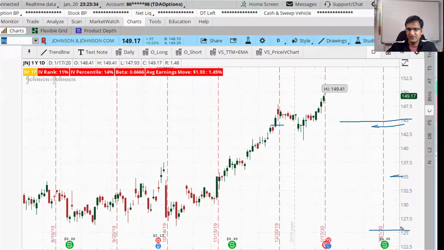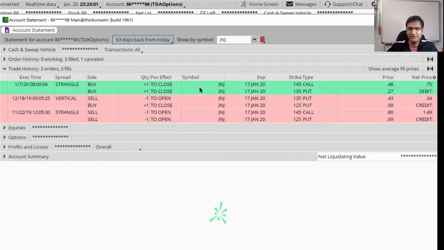So what we did, we rolled up the put from 125 to 135. We closed 125 and we opened a new short put at 135. By doing this, we collected some additional premium, and when we collected additional premium, it increased our break-even points.